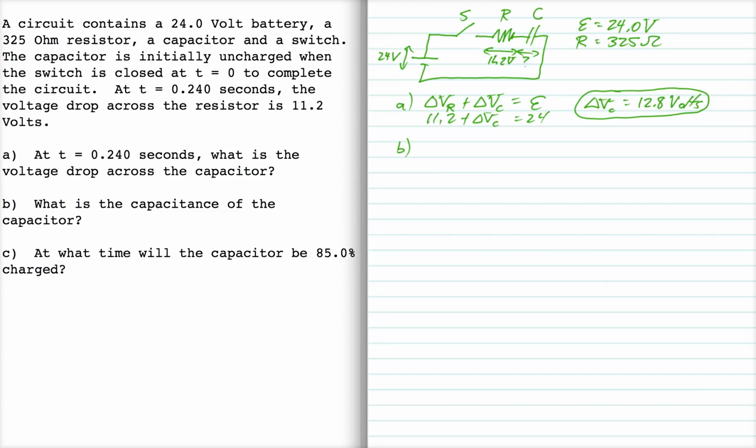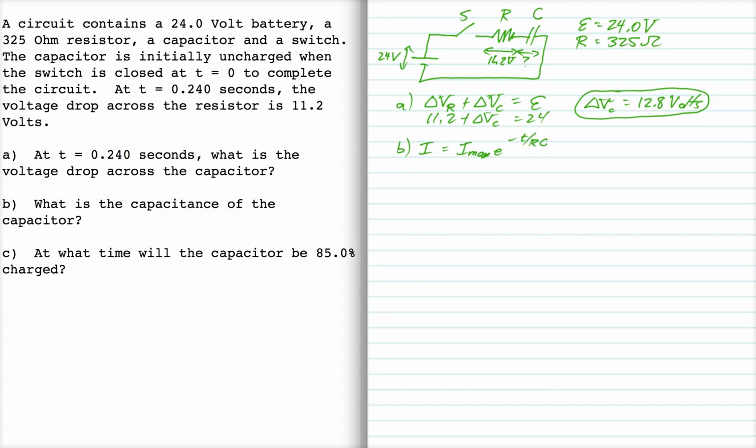Okay, part B. What is the capacitance of the capacitor? Now this is going to involve some logarithmic math, so let's see. I guess we'll do the voltage drop. Well, okay, the current I is equal to I max times e to the minus t over RC, right?